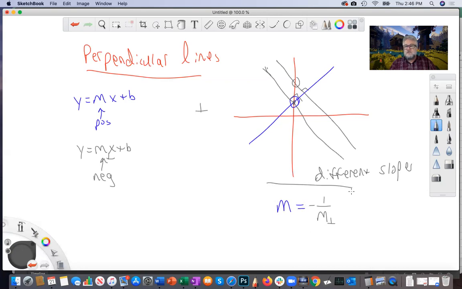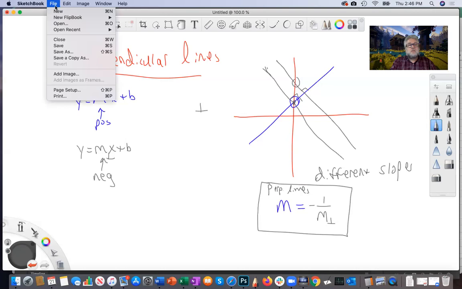Okay, is this important to put on your little cheat sheet? Absolutely. This is how you find the slopes for perpendicular lines. And this is how you're always going to do it for perpendicular lines. So let's do an example. Any questions? Okay, good.